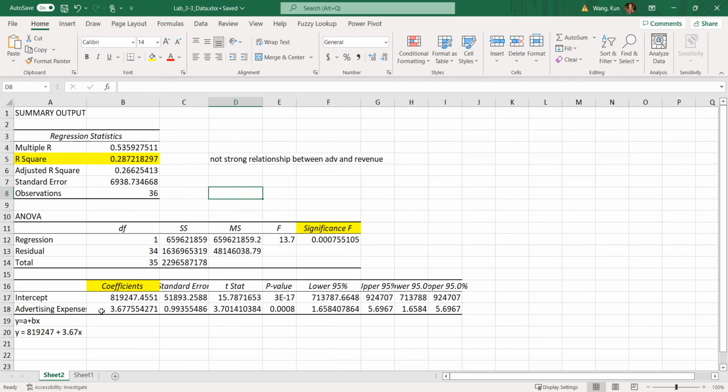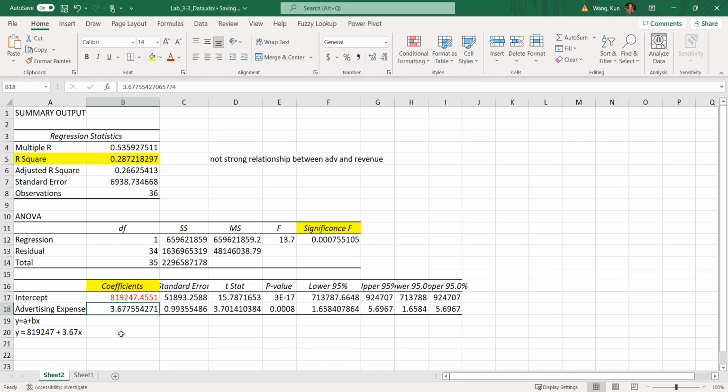My fixed portion is this one, 819,000 something. Imagine if you are breaking down the cost formula, this will be a fixed cost, the fixed intercept. Then this will be the variable cost per expense, per dollar.